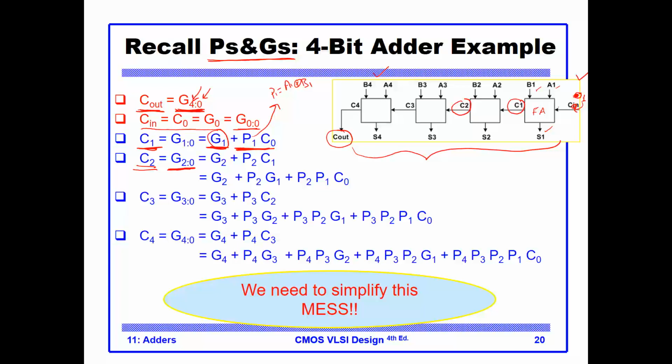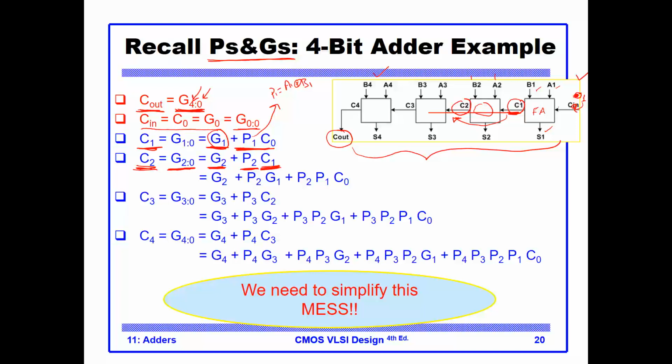Either I generate the carry at bit 2, which is right here, and this happens when A2 and B2 are both 1s, or I have C1 coming to me as 1 and I'm able to propagate it to C2. So C1 as 1 and propagate 2 equals 1. One of these conditions will create C2.